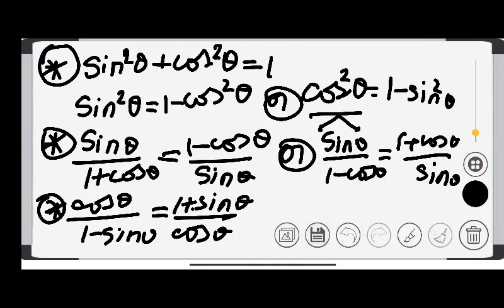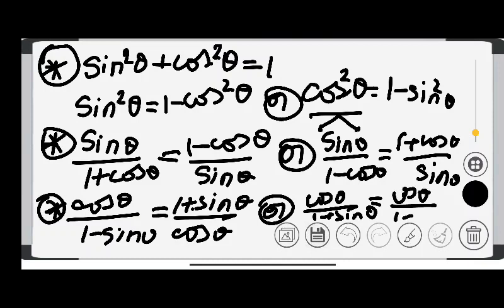Or in the same way you can write cos theta here by taking 1 plus sine theta here, and 1 minus sine theta on the other side, then cos theta. That's it. These are all the formulas.